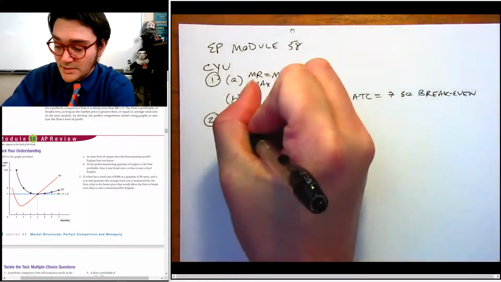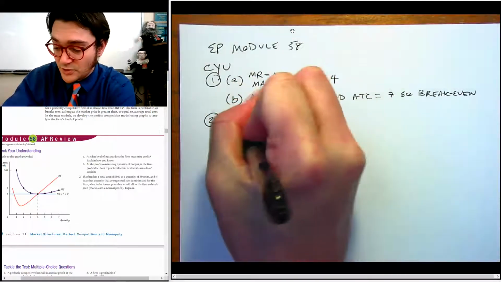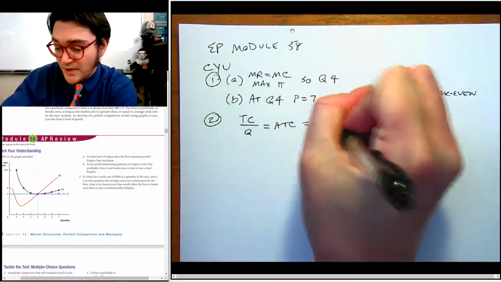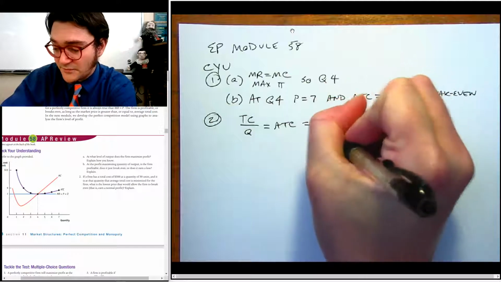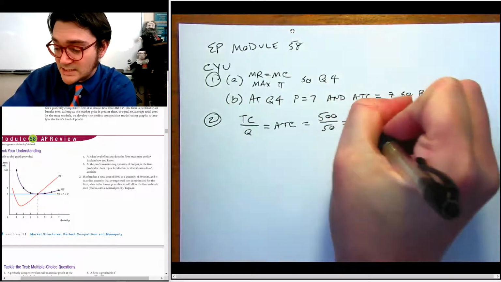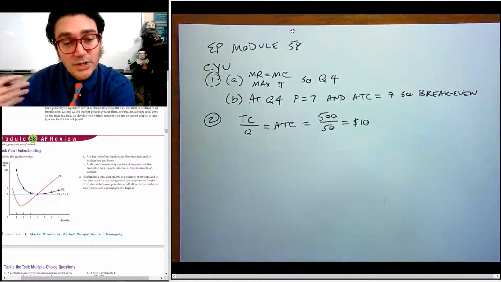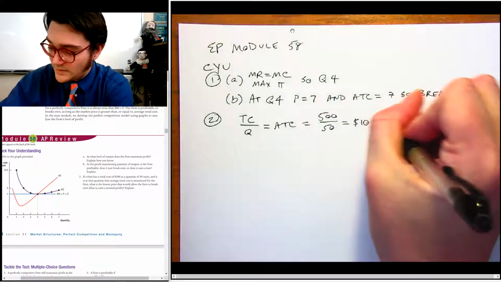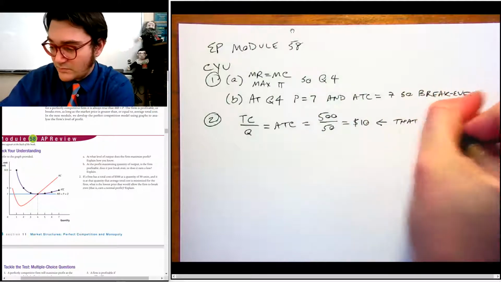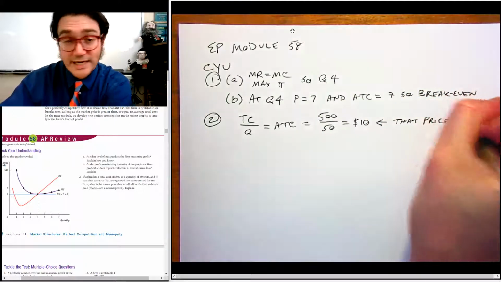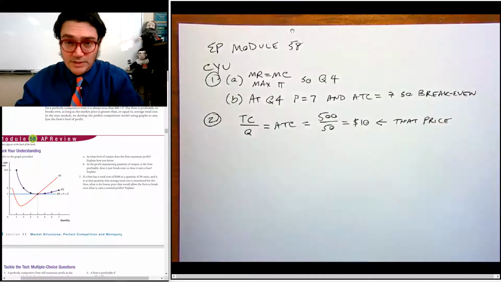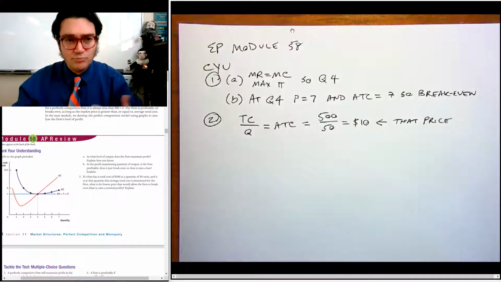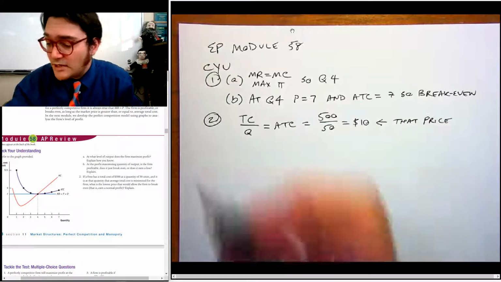So we can figure out that total cost over quantity is equal to the ATC, and so that's 500 over 50 units. So the ATC is $10. And so the lowest price that would allow the firm to break even would be that price. Because if the price were any lower than that, then the firm would be losing money. If it's $10, then the firm is breaking even. If it's anything above 10, then they're earning a profit.